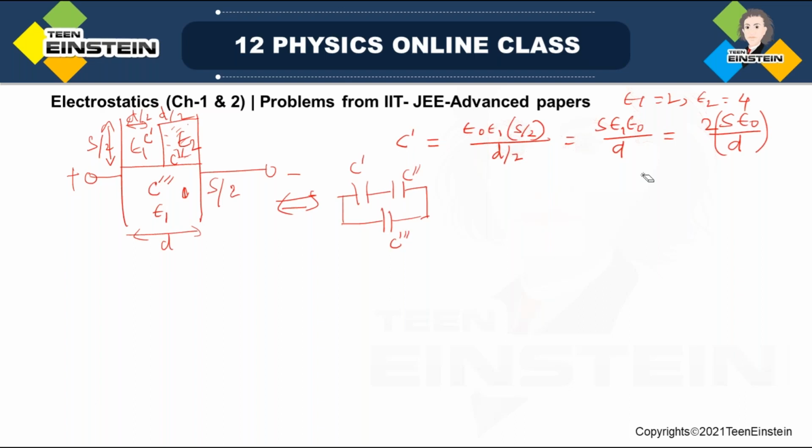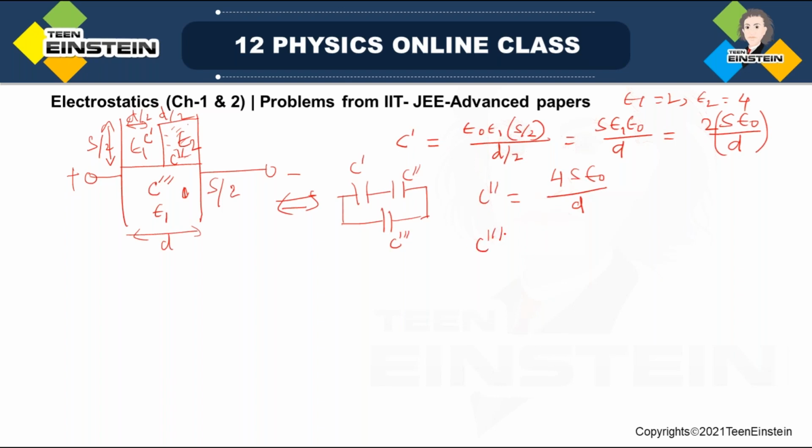Similarly, for this particular portion C double prime, it will be C2. So 4 S epsilon 0 divided by D. Now for this particular portion it is D and this is S by 2, right?